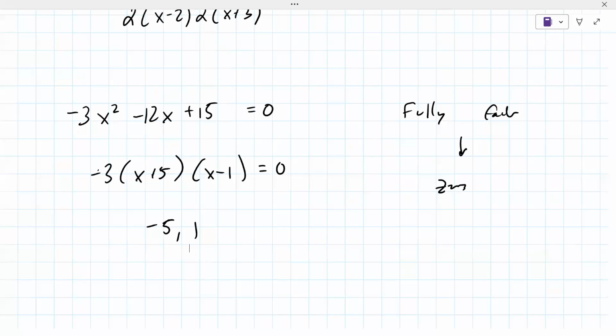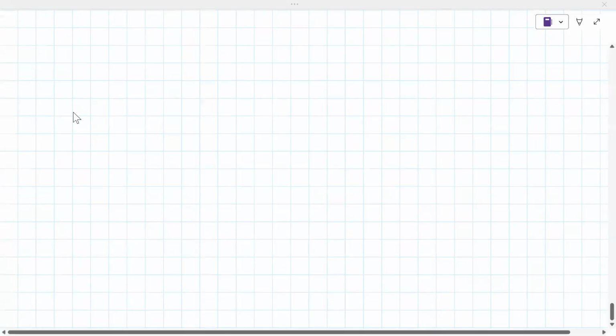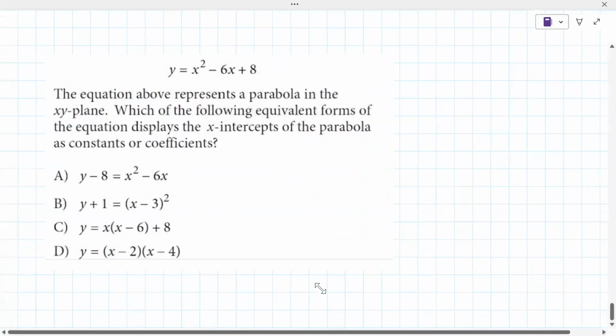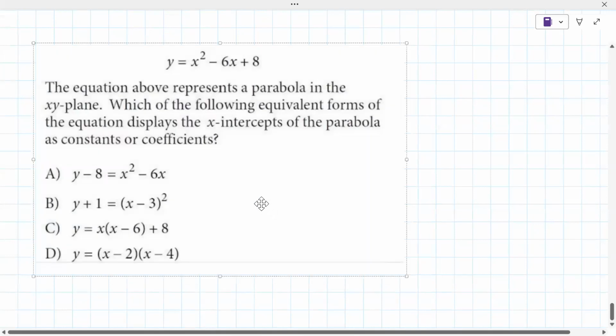Okay. Let's look at another one here. This is kind of the same type of question where they're giving you probably all equivalent forms. These are probably all true. But you want the one that gives what they're looking for.